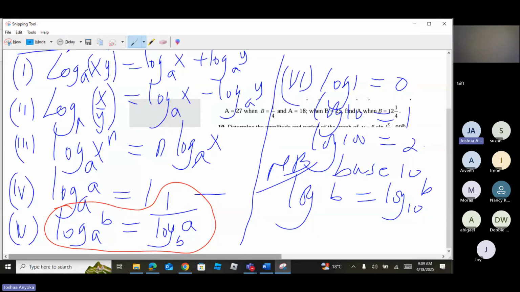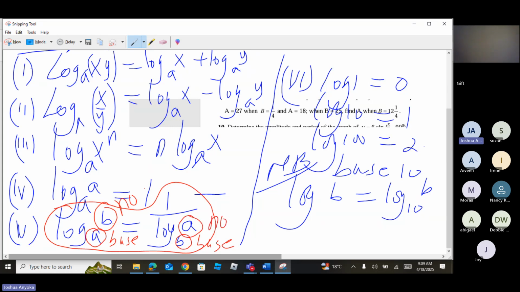So when we have this, we interpret this statement as this is our number, and a is the base. If we reciprocate, so we say 1 over, whatever was the number becomes the base, and the one that was the base becomes what?